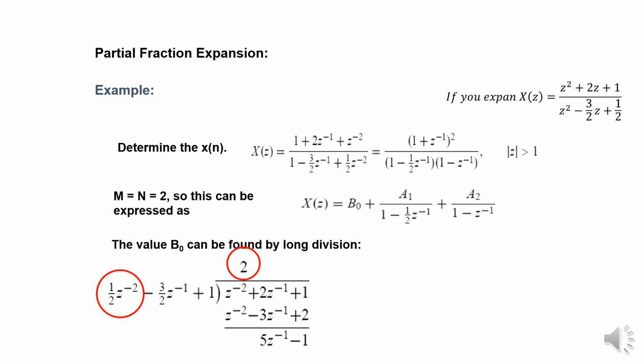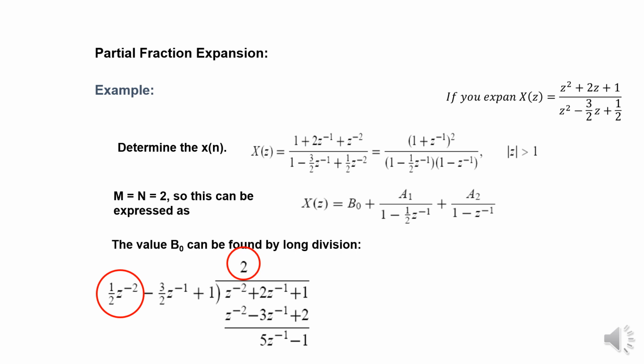It is actually 2. Therefore, we are trying to cancel out the z to the power minus 2 term in the numerator. So think like that, twice.